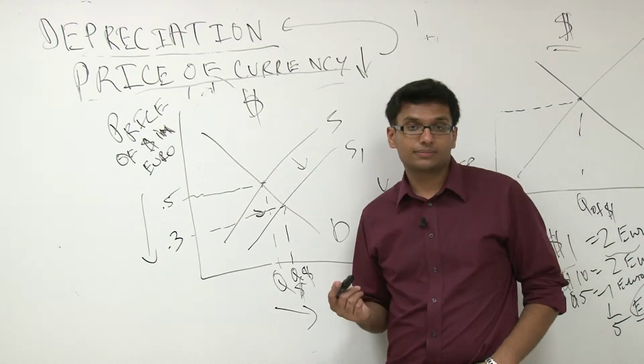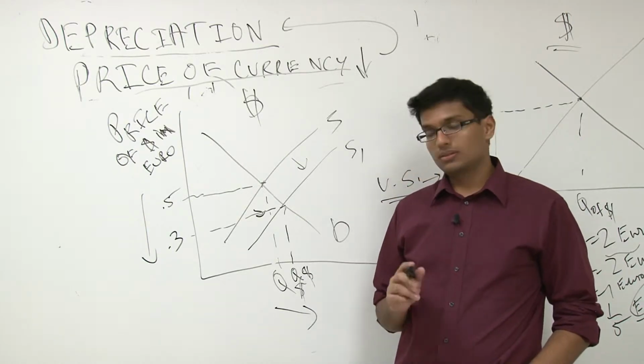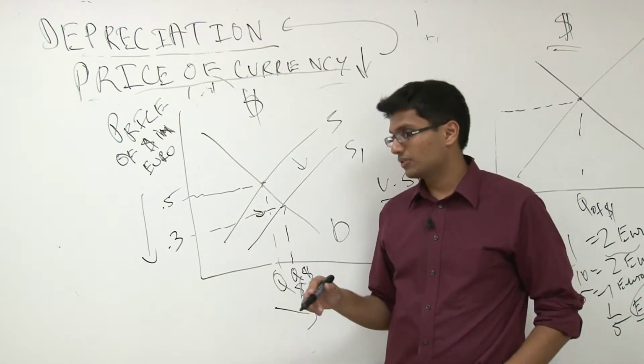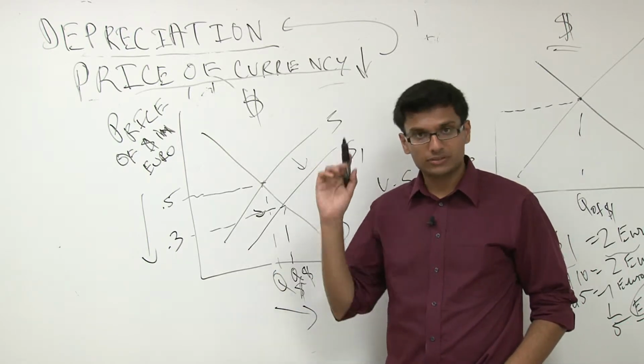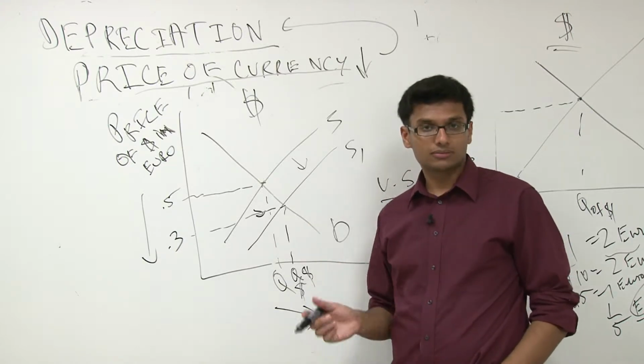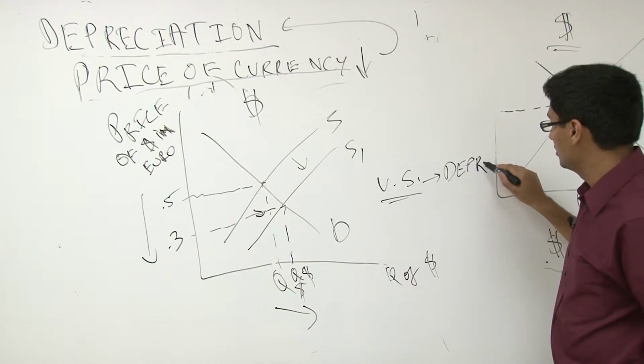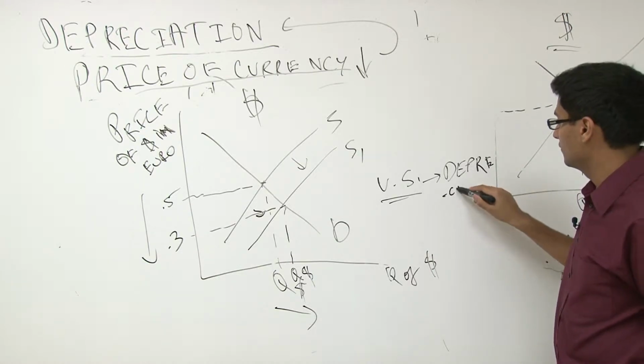So if this is 3 over 10, well, 10 over 3, that's 3.33 repeating dollars to give me 1 euro. So the US dollar has depreciated.